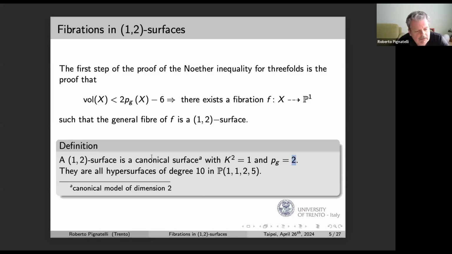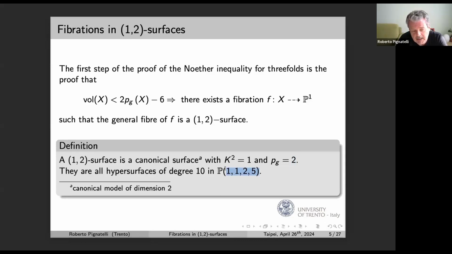But the classification of these surfaces is surprisingly easy and well known for decades, considering how important they are, because they are simple divisors in a weighted projective space. You take a projective space with weights 1, 1, 2, 5, which are weights we are going to see a lot during this talk.